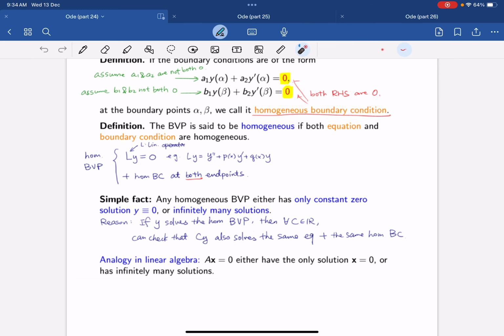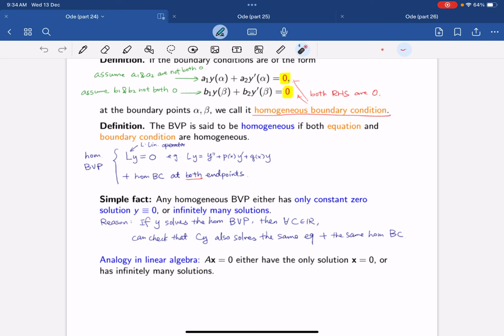So some simple facts: any homogeneous boundary value problem has either only the 0 solution or infinitely many. Because you can check that if you have one solution, then any constant multiple will also be a solution.